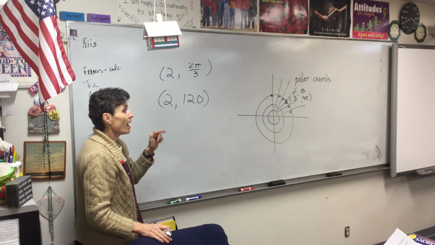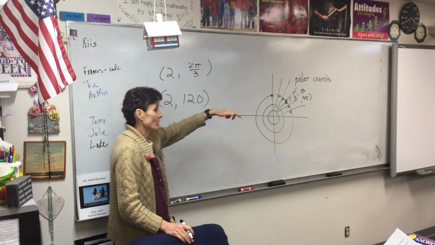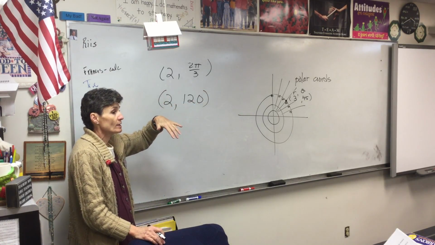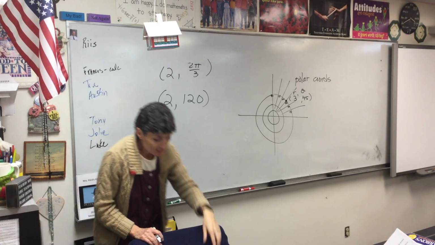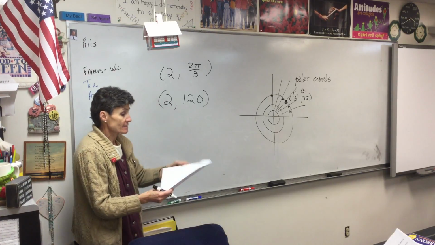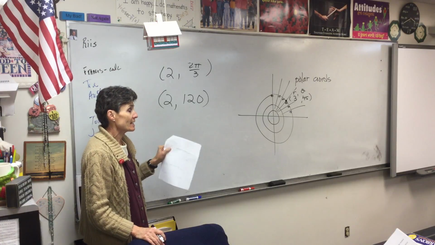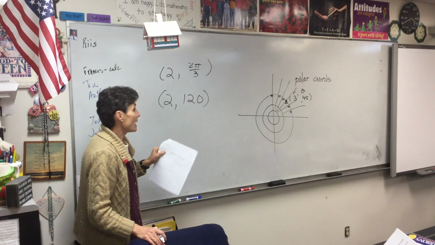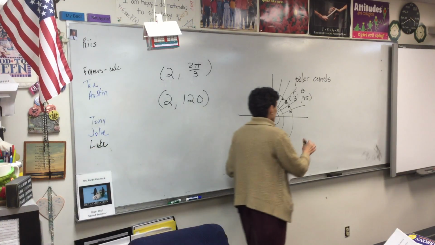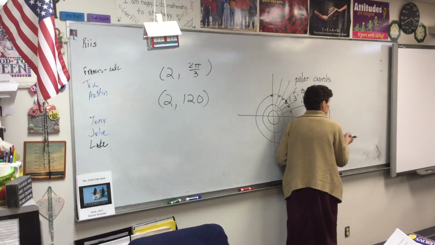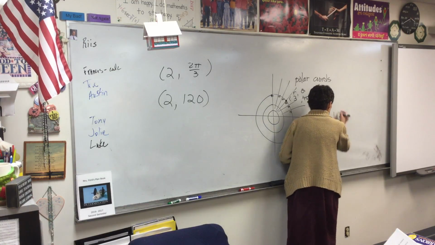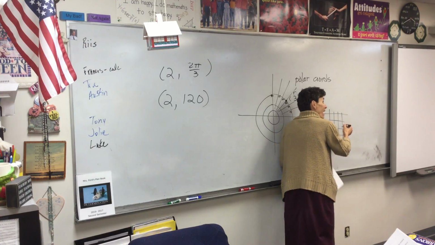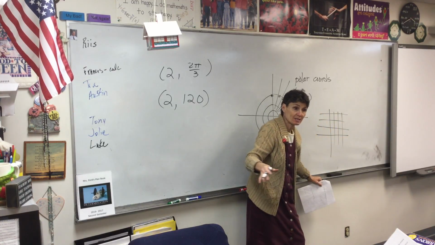Now, believe it or not, I'm so glad somebody asked the question a minute ago about finding the components, because this question says convert to rectangular coordinates. Rectangular coordinates are the coordinates that you have used your whole life. They're called rectangular because what does your graph paper look like that you normally use?